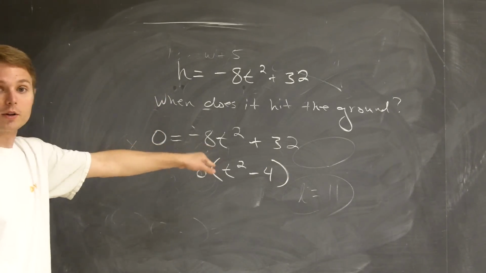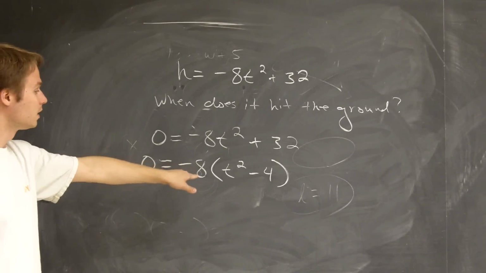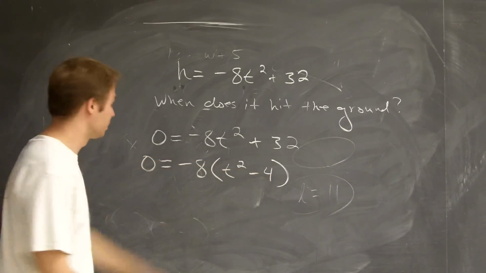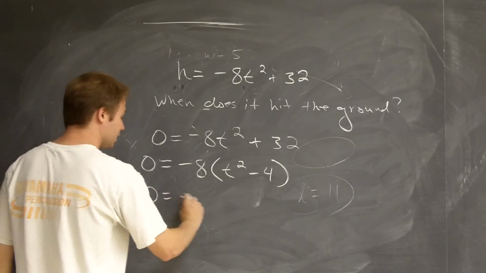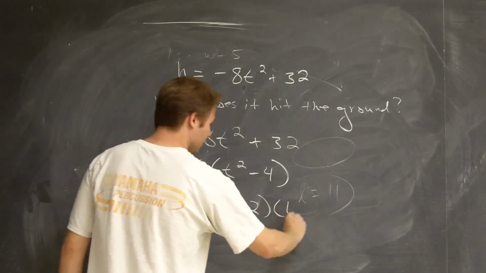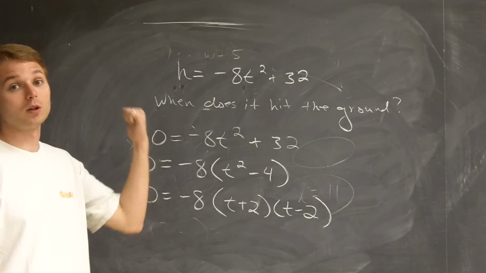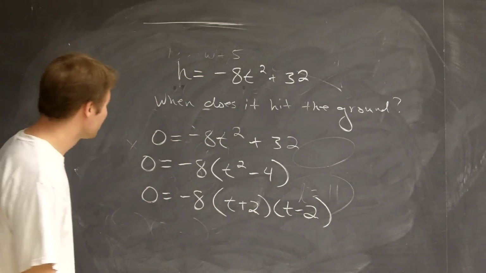But t squared minus 4 is a perfect square, right? It's a difference of squares, I should say. T squared minus 2 squared. So I can actually continue to factor this into t plus 2, t minus 2, just using my difference of squares formula that we looked at earlier in the lecture.